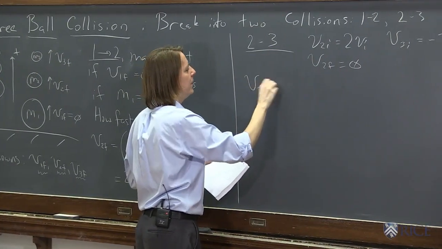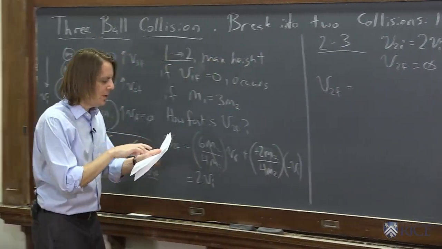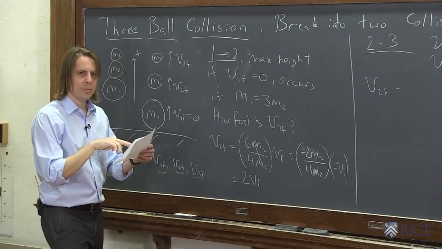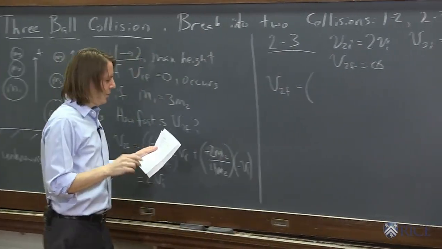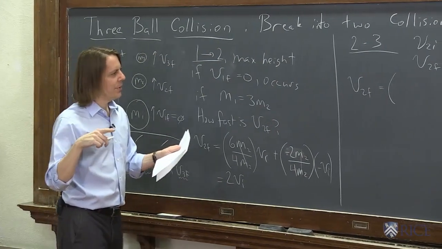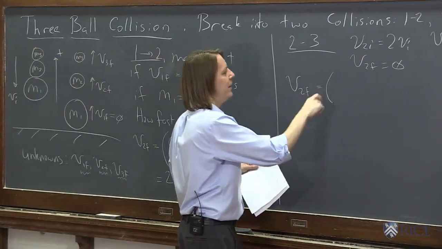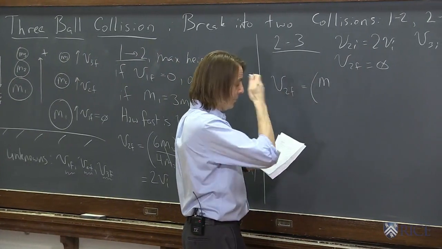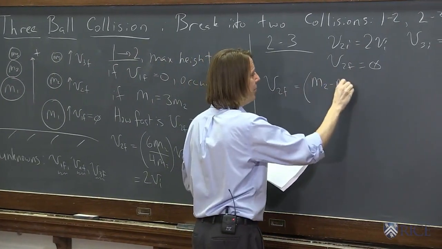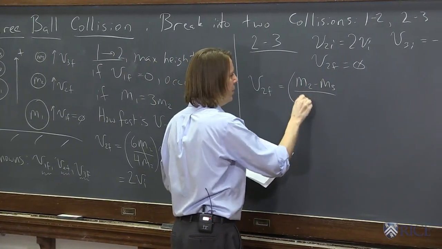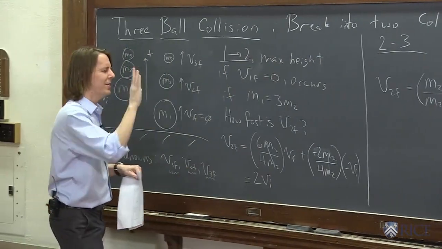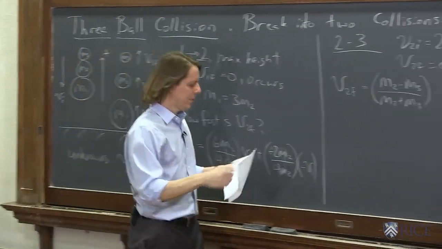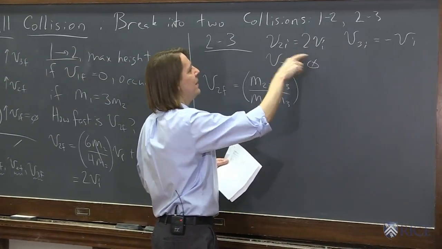So v2f equals a difference over sum times v2i. So it is m1 minus m2 over m1 plus m2, but now it's m2 minus m3 over m2 plus m3. And that's times v1i in the old system, but now this is v2i, and v2i is 2 vi.